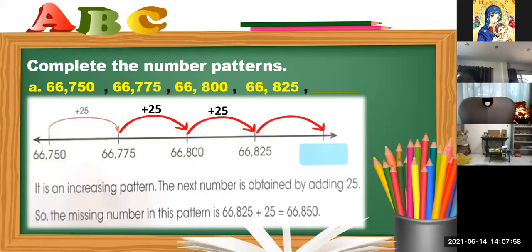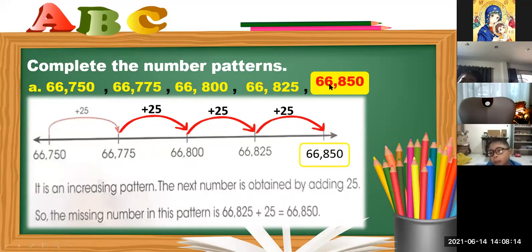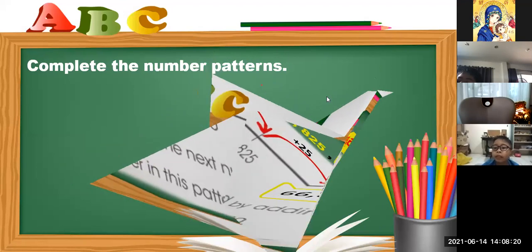And here, 66,825 plus 25, the next number is 66,850. So you can see at the top here, the answer here is 66,850. Next example.